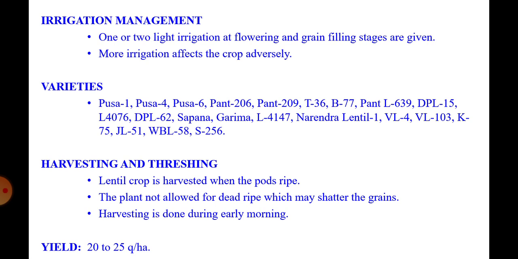Harvesting is done during early morning and the crop is dried on the threshing floor. Then the plants are threshed by beating with sticks or trampling under the feet of bullock. Seeds are cleaned and dried under the sun to reduce moisture level to 12%. We will get 20 to 25 quintal per hectare yield.